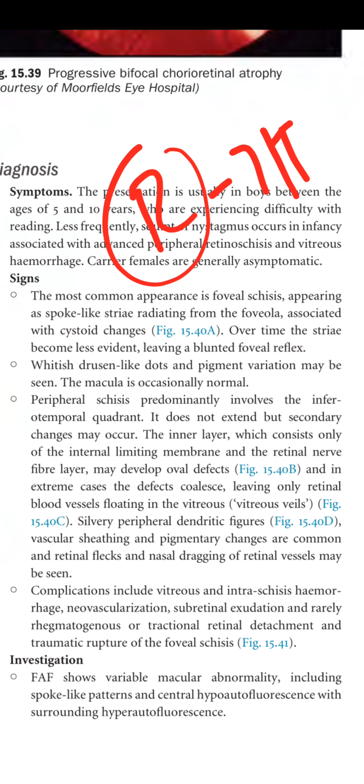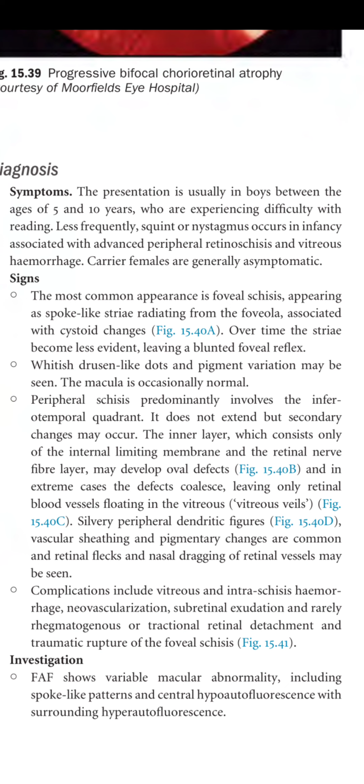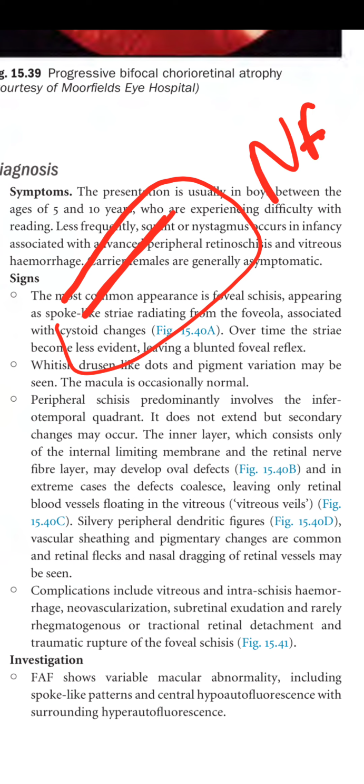The inner layer, which consists only of the internal limiting membrane and the retinal nerve fiber layer, may develop oval defects. In extreme cases, the defects coalesce, leaving only the retinal blood vessels floating in the vitreous veils. What happens is that because there is a separation of the nerve fiber layer, the only layers left are the internal limiting membrane and the retinal nerve fiber layer.